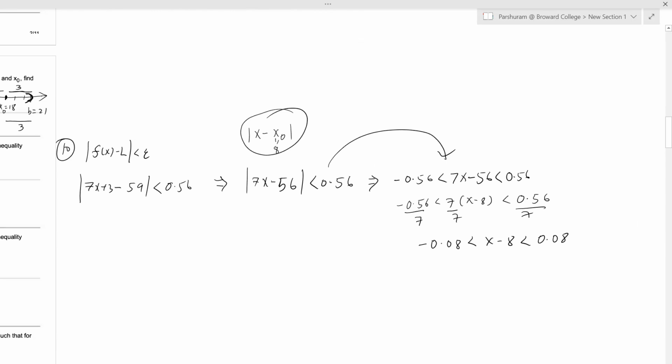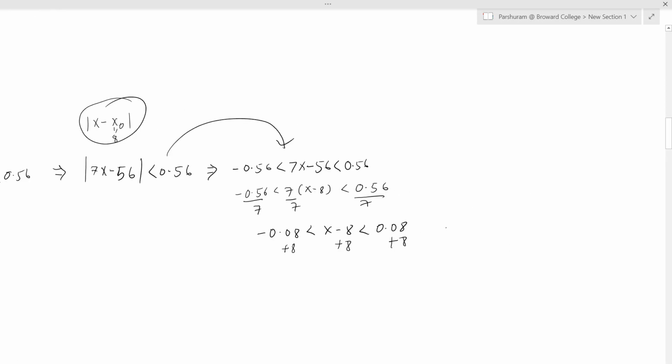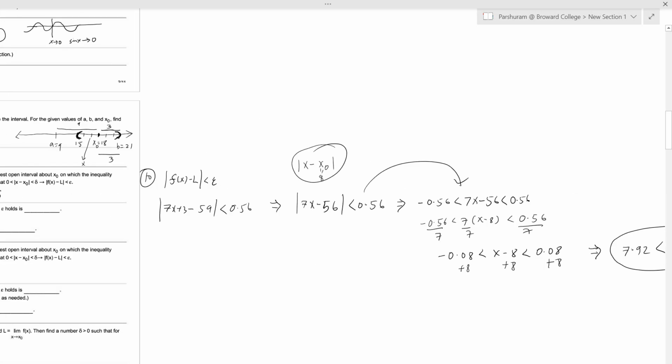To find the interval, just add 8, and that gives x from 8 minus 0.08, which is 7.92, to 8.08. So if we pick x from 7.92 to 8.08, then this expression holds.